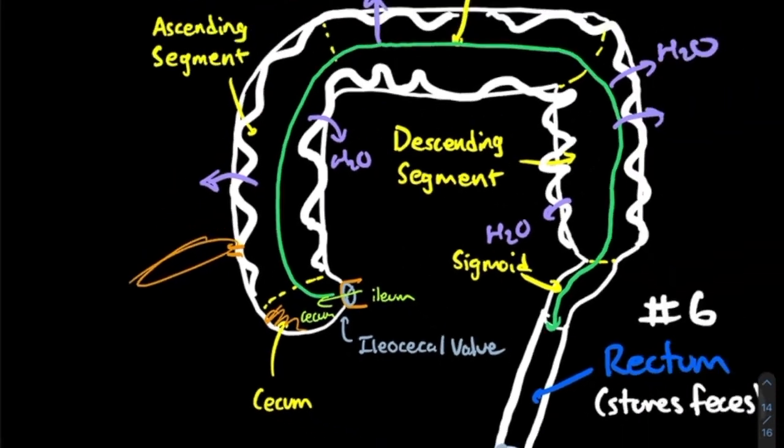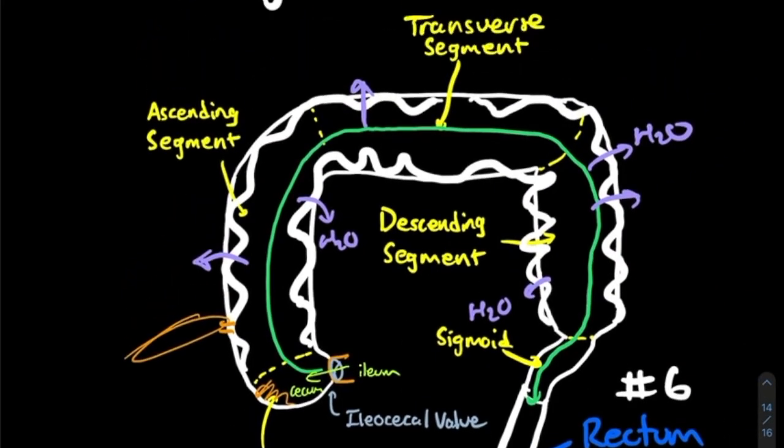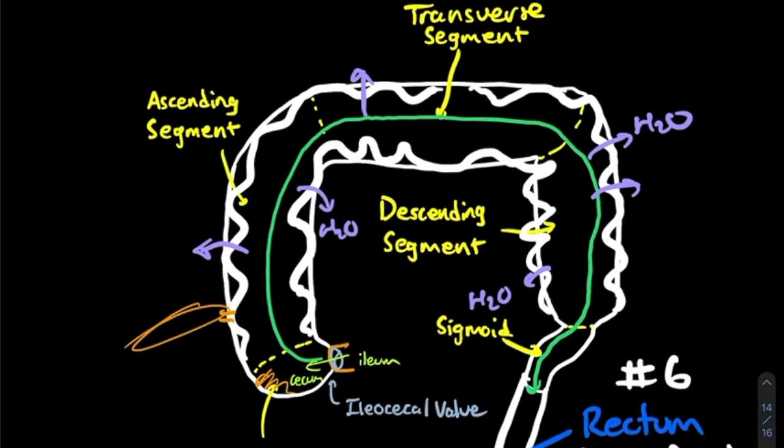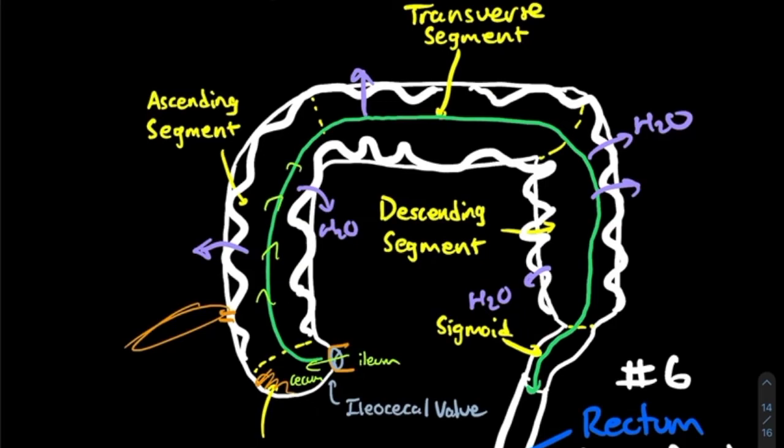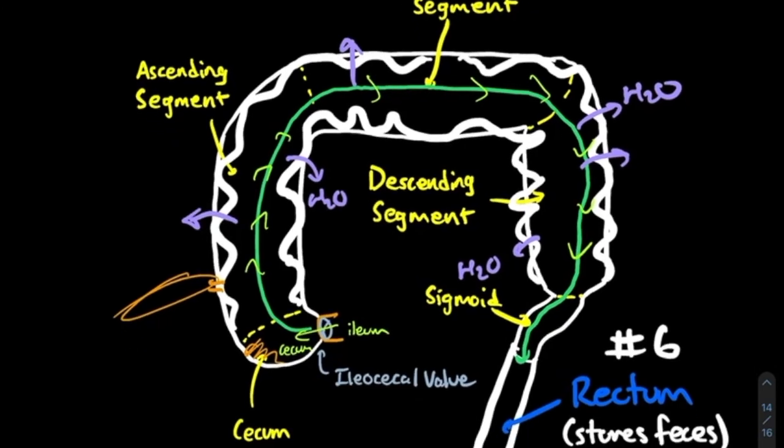A little bit of anatomy to know for the large intestine is that you have the ascending segment, which is exactly what it sounds like. It is food, or not food, I guess at this point you're almost at feces. Feces is basically rising up through this segment and ascending in the ascending segment. It travels transverse side to side in the next segment, and then there's the descending segment, which is where it's going down, and then there's the sigmoid segment.